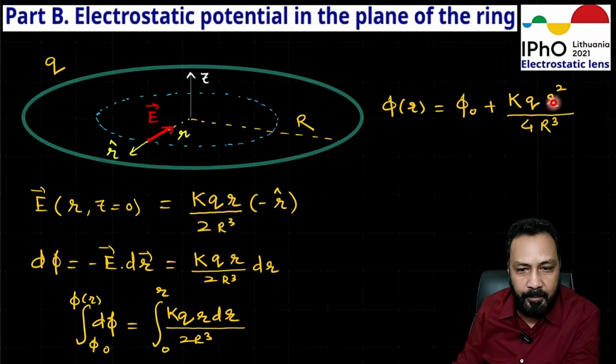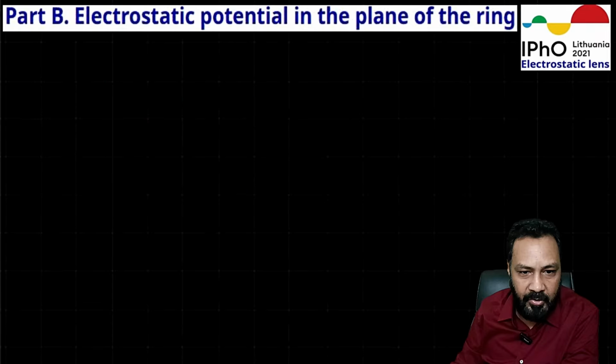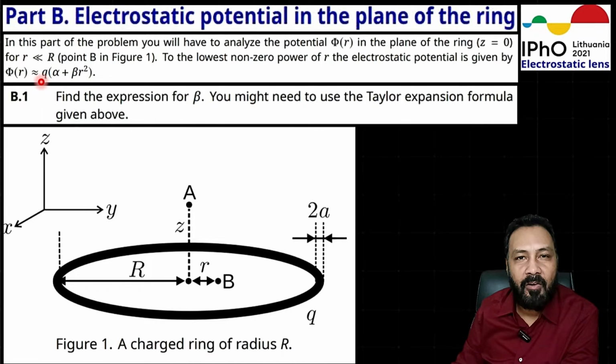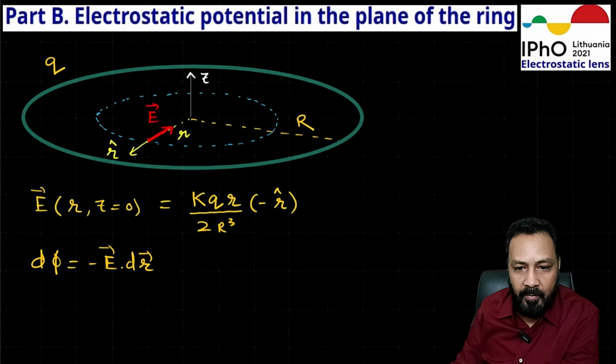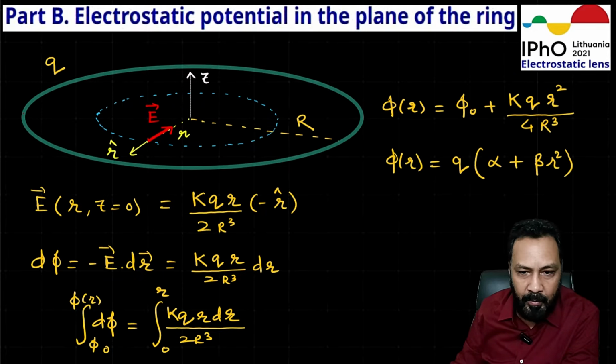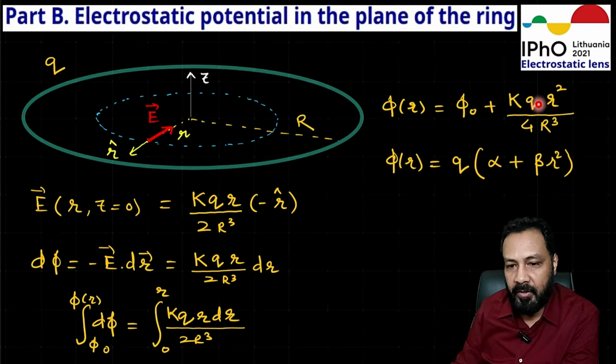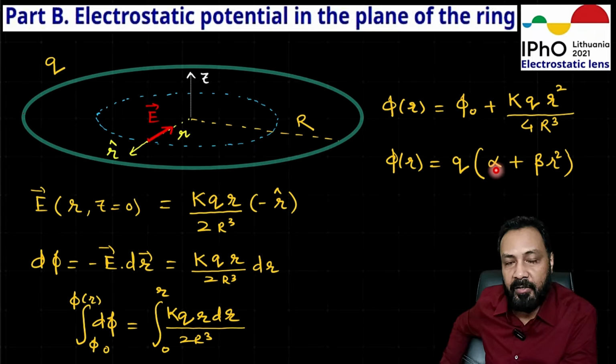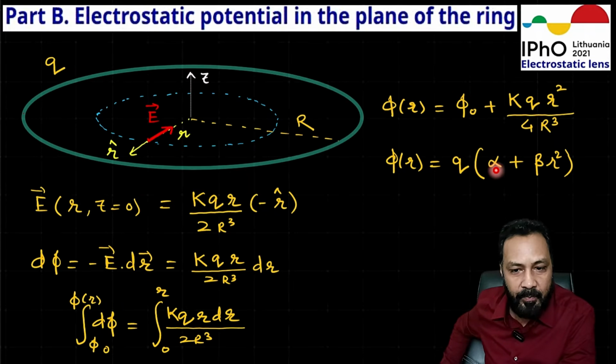Take phi naught to this side, and we have to write this whole expression in this form, q times alpha plus beta r square. So take q common outside, and whatever remains, we are not interested in alpha because in the later part beta is asked.